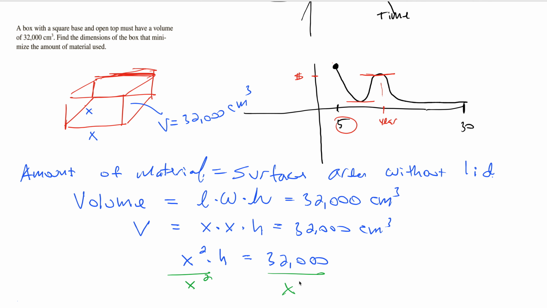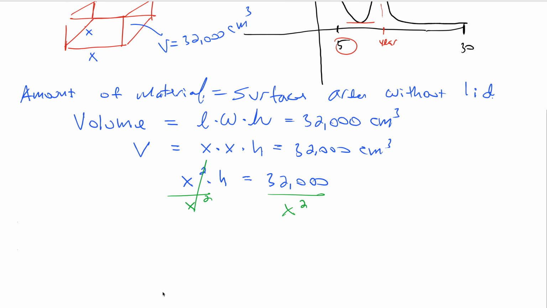We'll just edit that part out of the video. Divide that, bam, and we have H equals 32,000 divided by X squared. So now I have H in terms of X. Okay, let's put that on hold for a second.